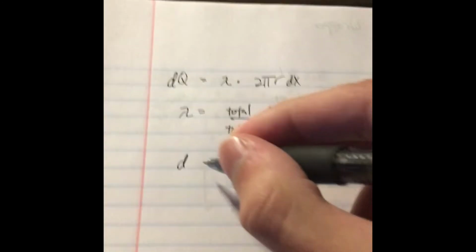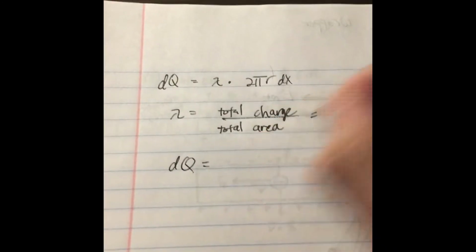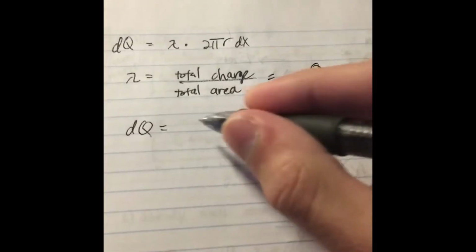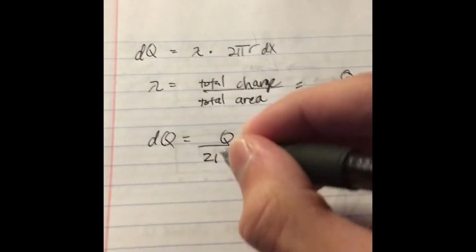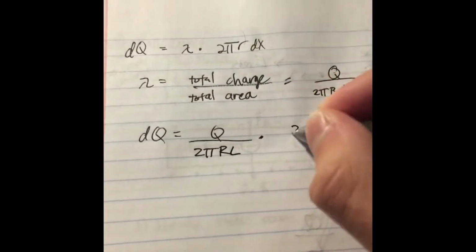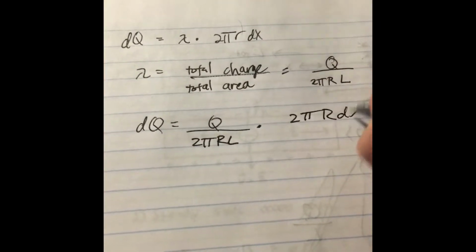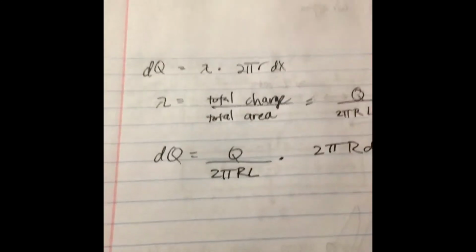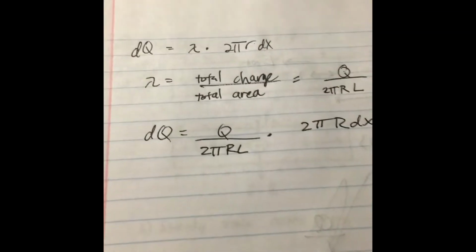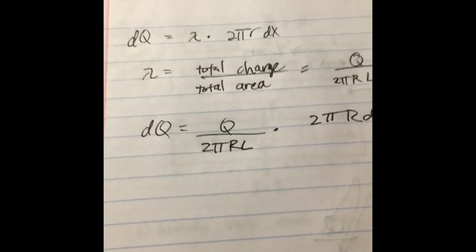So if we plug this into dq, we have dq equal to q over 2 pi r l times 2 pi r dx. Now notice I switched the little r to r because the radius of a single ring is the same as the radius of the hollow tube.